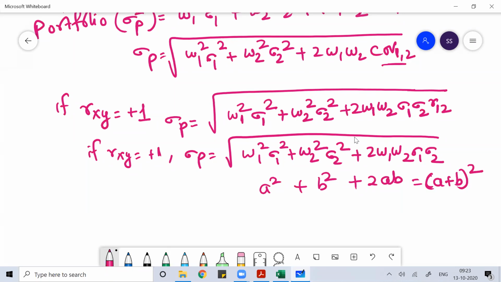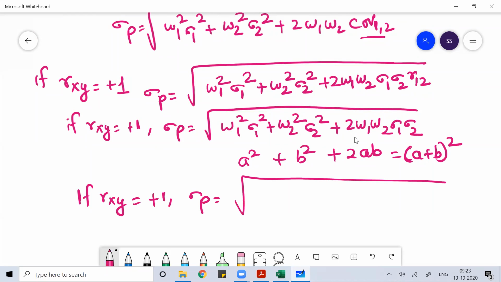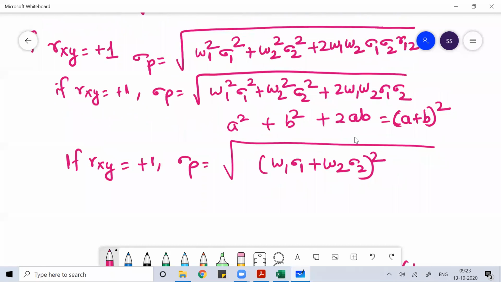So ultimately, if the coefficient of correlation between the two stocks is plus 1, then the standard deviation of the portfolio is W1 sigma 1 plus W2 sigma 2.